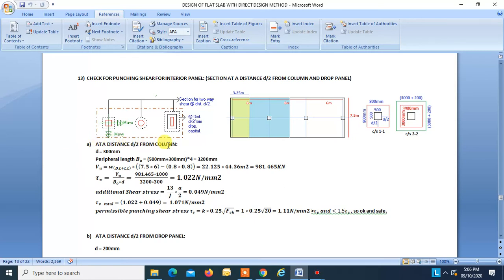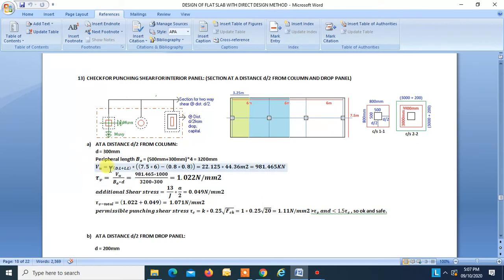At a distance d by 2 from the column, this section falls in the drop, so the effective depth is 300. First we have to find the peripheral length. So this is going to be 500 plus d, that is 300, so this is 800, 800. So 800 into 4, that is 3200.